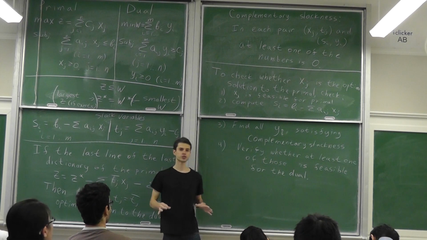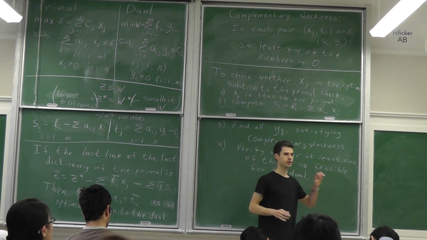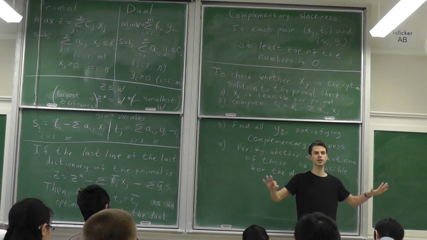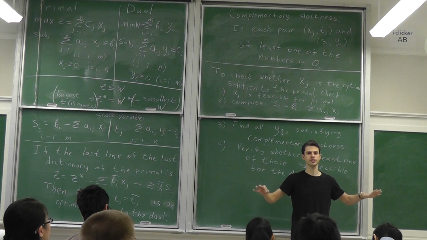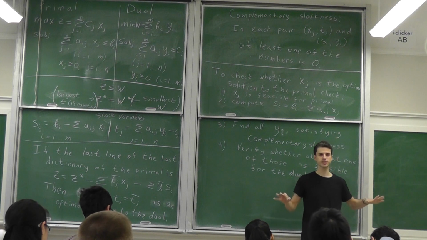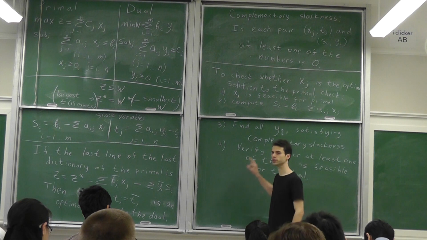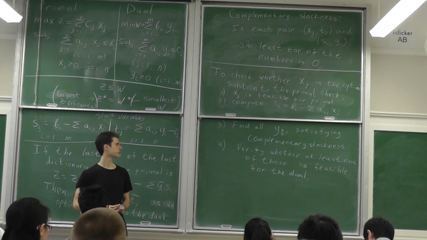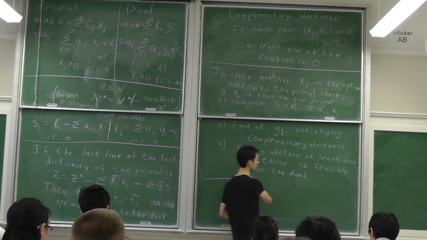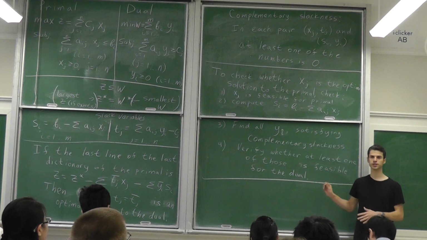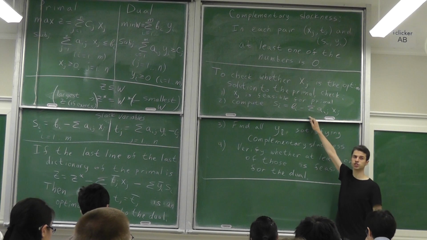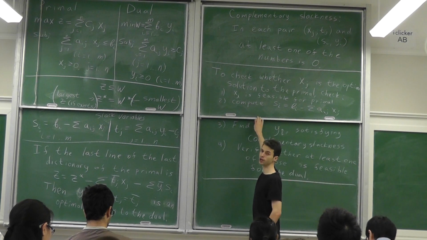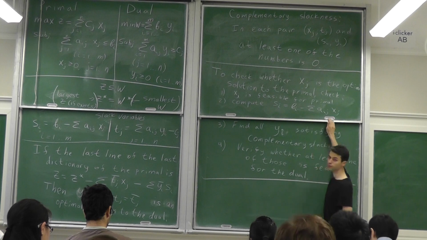So if you manage to find a pair of solutions, one solution for the primal, one for the dual, both are feasible and they satisfy complementary slackness, then for sure you know that you found the optimal solutions for both. So basically the algorithm is like this. Once again, you check that the suggested solution is feasible for the primal problem, you find out what the slack variables are.